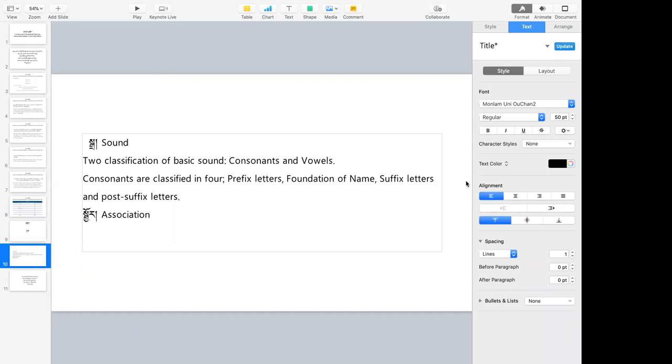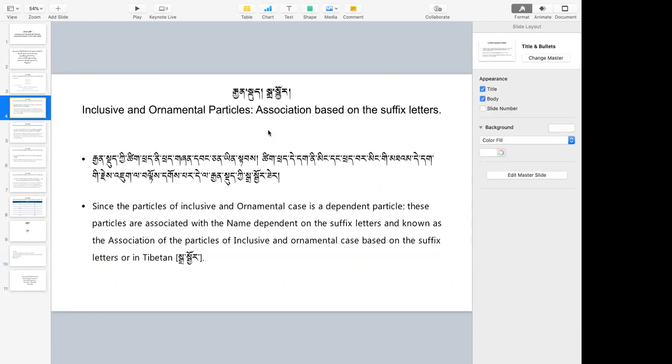In this particular case, we are only talking about the suffix letters, and suffix letters are a subgroup of consonants, and consonants are a subgroup of basic sound, and therefore suffix letters are basic sound. So the association is based on the sound, not any sound, but the suffix letters. Therefore it's called dajor.